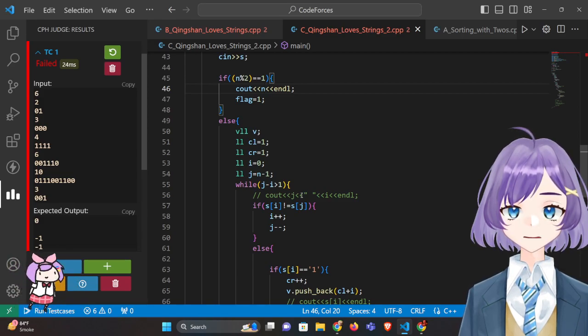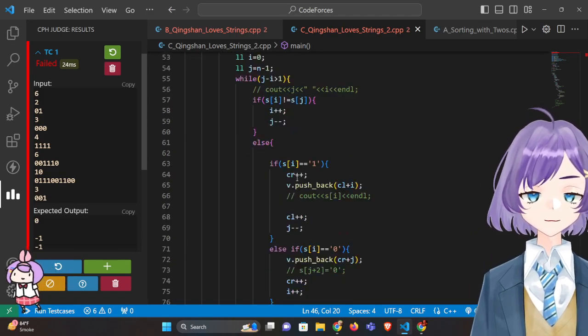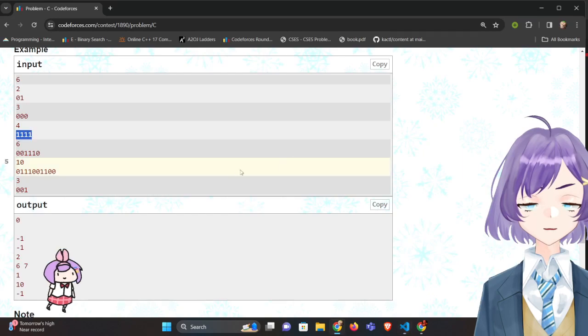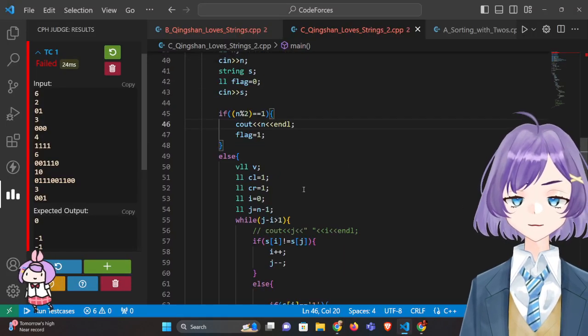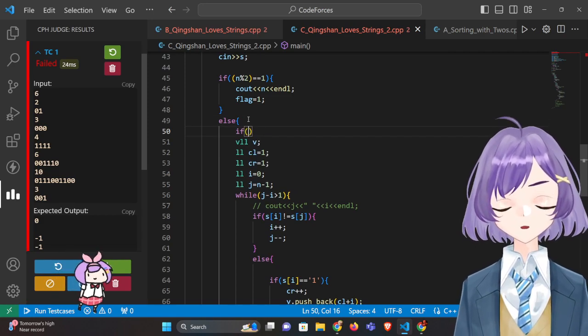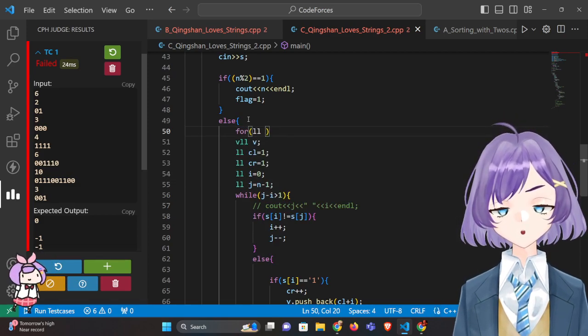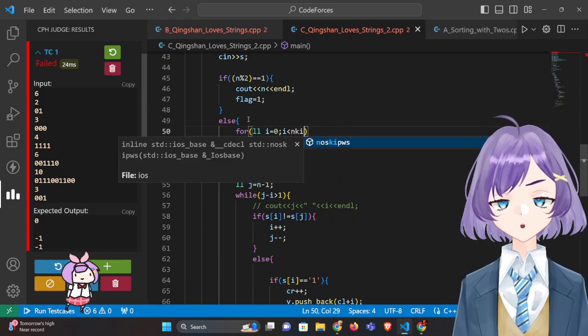Which are equal. I will do 011111. It's infinite. 000001. It's equals to 0. X less than n.